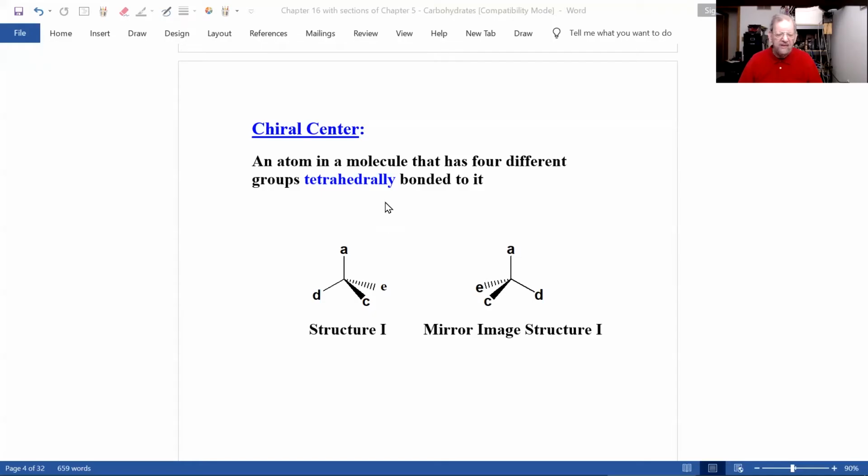So this is called a chiral carbon. And a chiral carbon is when you have 4 different groups attached to it. And if you notice, I have that. It's a molecule that has 4 different groups, and it's called tetrahedron, the shape here, like you saw here.